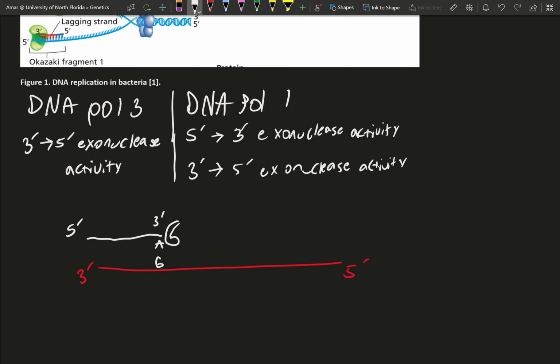So in order for you to correct that mistake, you would need to use your 3' to 5' exonuclease activity.